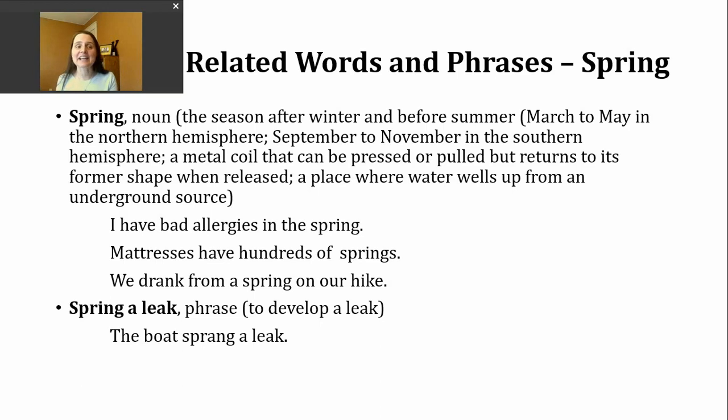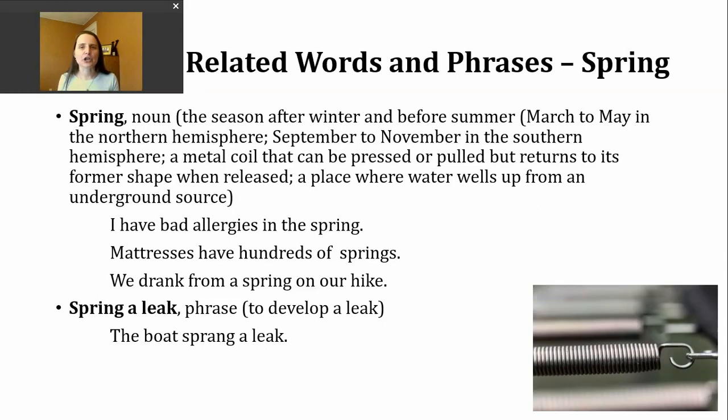A second way you might hear the noun spring used is to refer to a metal coil that can either be pressed or pulled, but it's going to return to its shape whenever you release it. I've got a picture here to kind of help illustrate this. Metal coil, here we go, are these little pieces here.